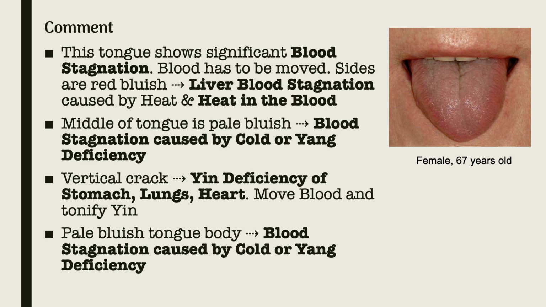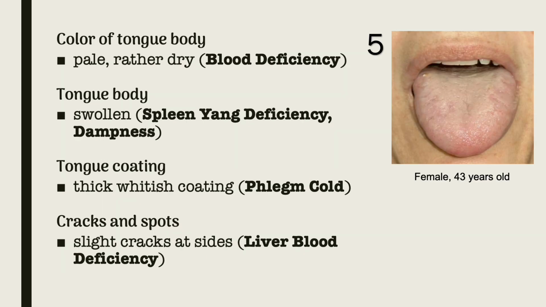If you remember, it's extending almost to the tip. So that's yin deficiency of the stomach, the lungs, and the heart. So treatment, you have to move the blood and tonify the yin. The pale bluish tongue body indicates blood stagnation caused by cold or yang deficiency.